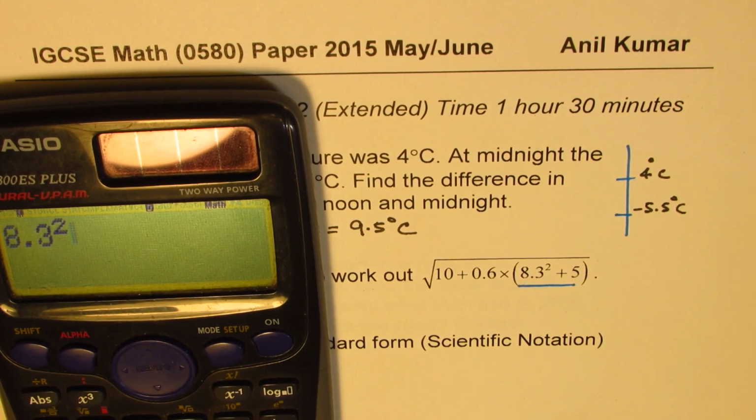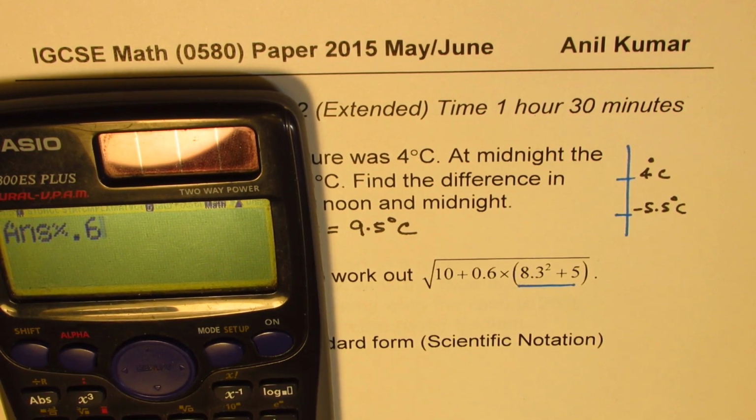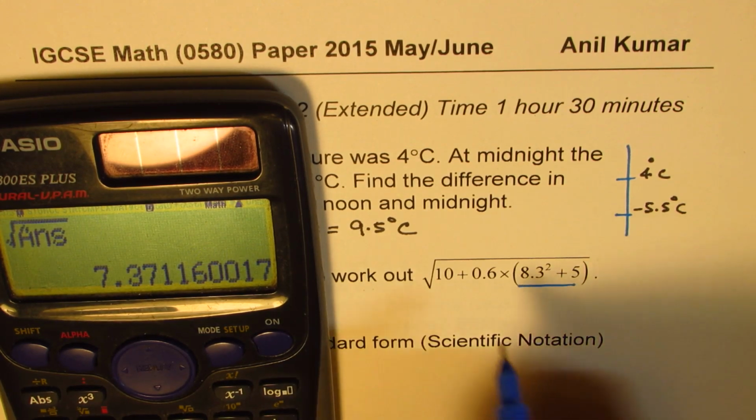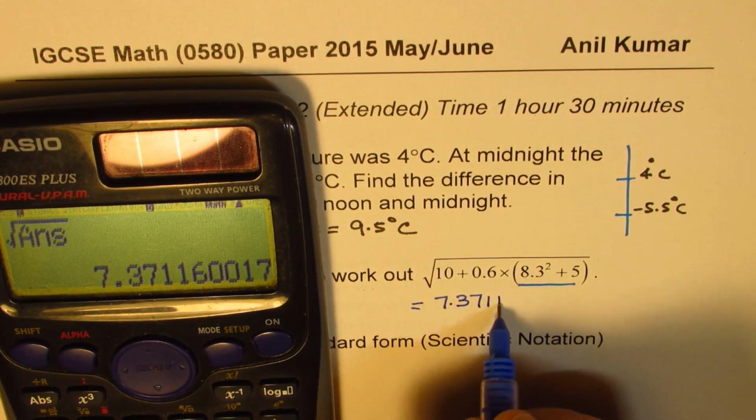And to this we are going to add 5. Then we'll multiply that by 0.6, then we are going to add 10, and then we'll take the square root of our answer, which is equal to 7.37116.